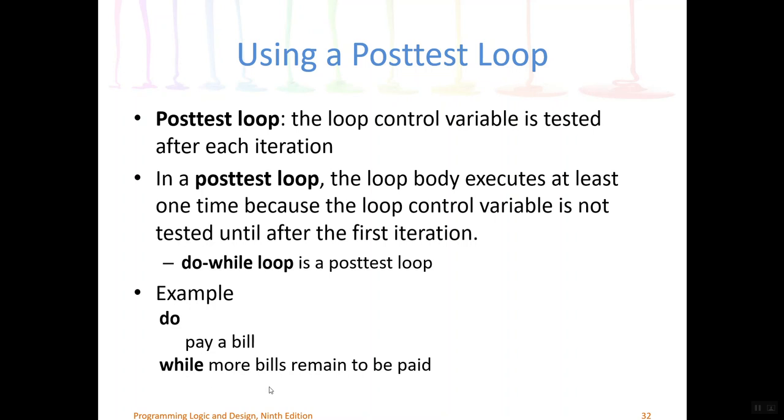Since the test comes at the bottom, we call this a post-test loop, and post-test loops execute at least one time because the loop control variable is not tested until after we've already executed the body of the loop. This is opposed to pre-test loops that execute 0 or more times. Post-test loops execute 1 or more times.